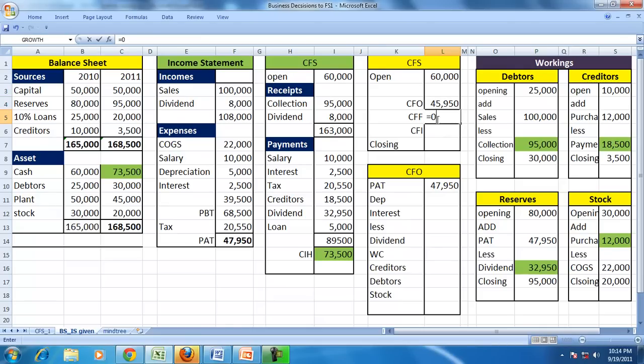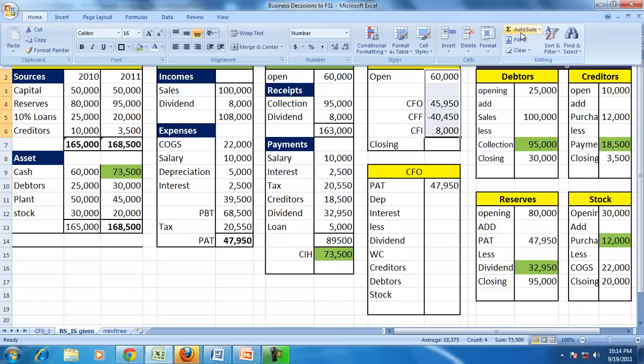Cash from financing: no inflow; outflow is interest, minus the dividend, and minus the loan paid, is a cash from financing of 40,450. Investment, you receive the dividend, minus no other payment.